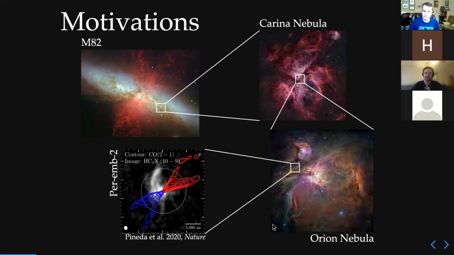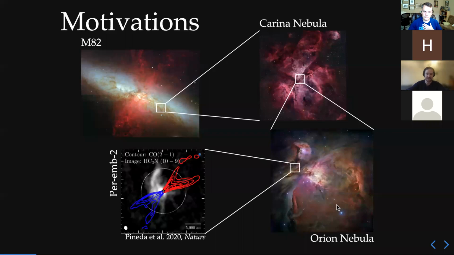And these outflows also affect the surrounding gas and can affect the star formation efficiency of the overall cloud. But generally, when we talk about feedback on the scale of clouds, we think about the feedback from massive stars and how that can act to disperse clouds of gas.